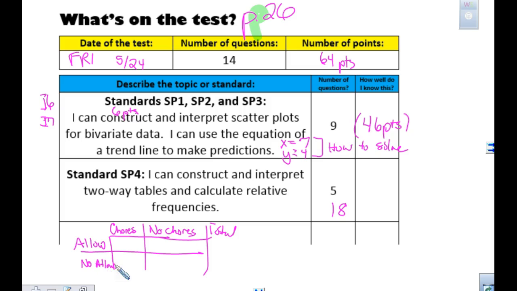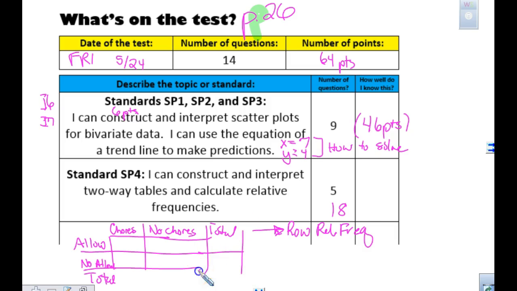So when you were looking at making that table with your total, understand that if you are going across, that is a row relative frequency. So some of you thought on that project you were dividing by 15, the total, and you weren't. You should have been dividing by the totals at the end of the row.